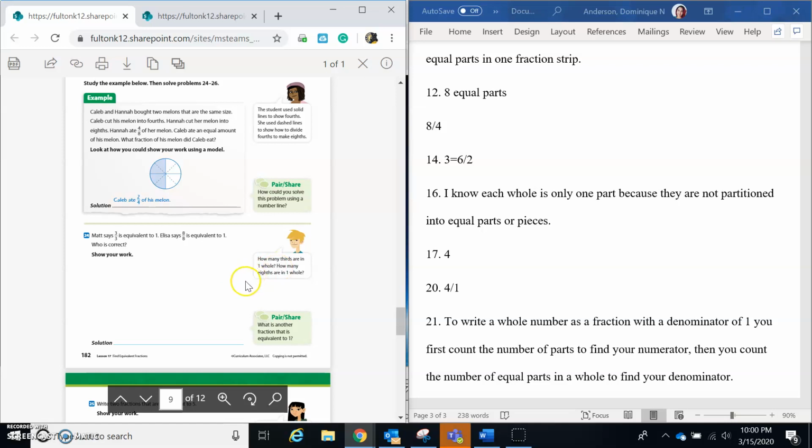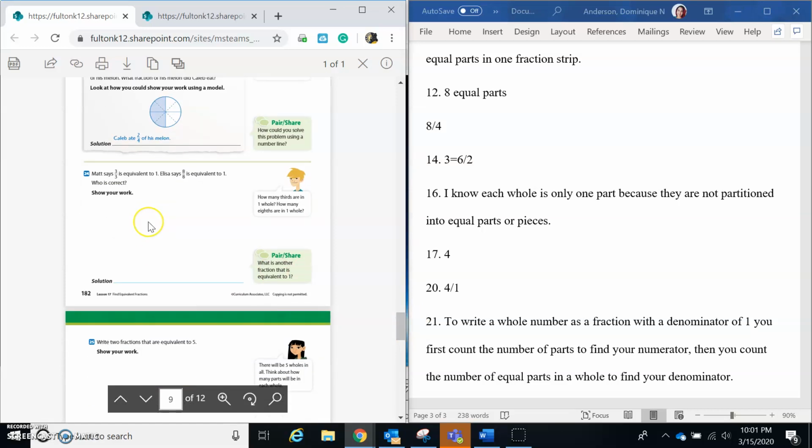Just like our other work, you have these people here to help you. How many thirds are in one whole? How many 8ths are in one whole? We don't have enough lines for a full explanation, so you just tell me who is correct. Here's a hint. 3/3, remember when our numerator and denominator are the same, that equals 1 whole. So that should help you out.